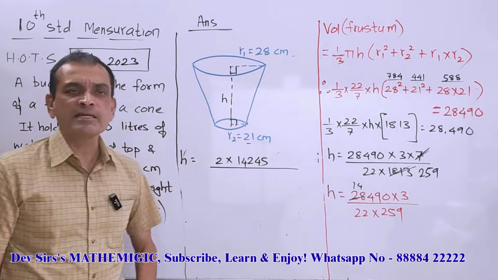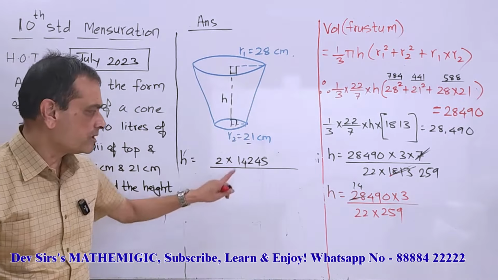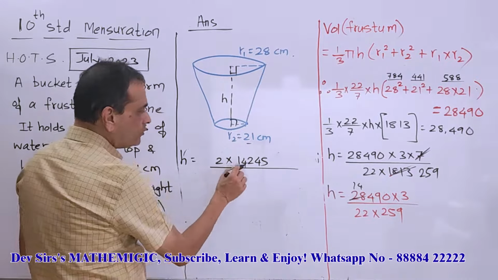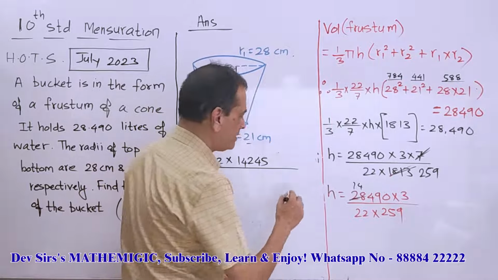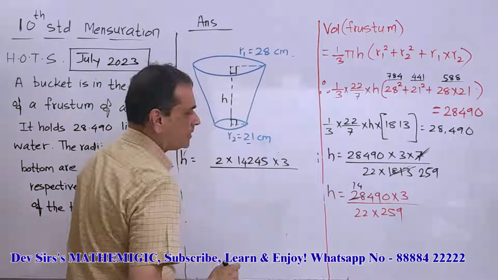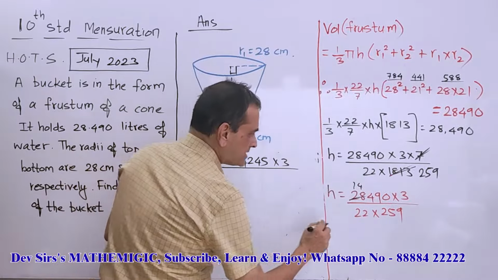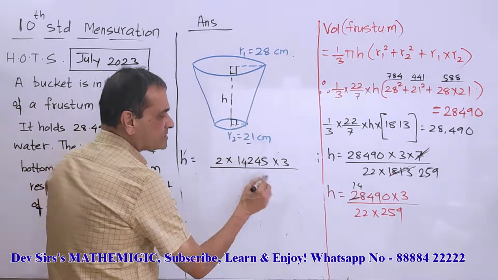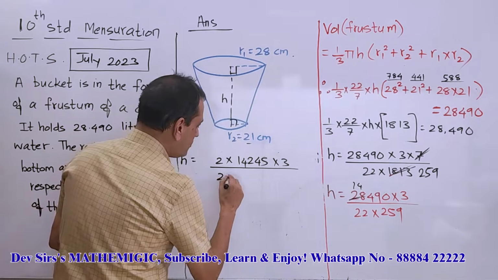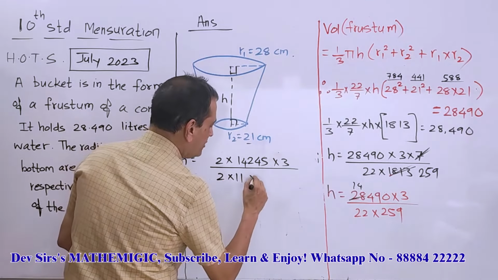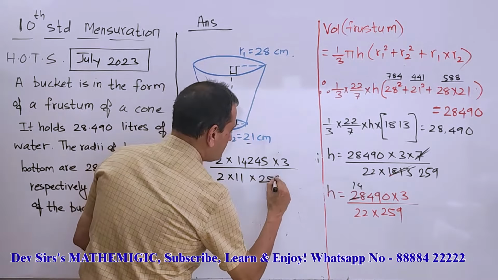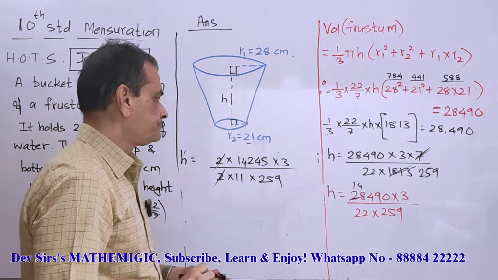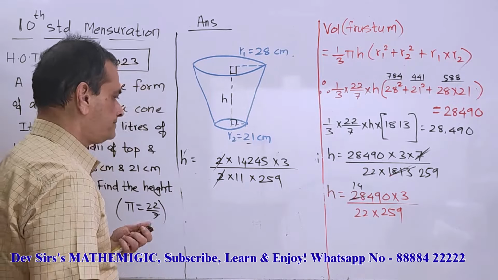If you actually divide, you will get the same thing. 14 into 14245. 2 into this. I'm just factorizing into 3. अभी इसका क्या, अभी ऐसे रखेंगे. Naturally, if you are taking 2 into this, 22 को मैं लिखूंगा 2 into 11 into 259. 2 gets cancelled. इतना बच गया.